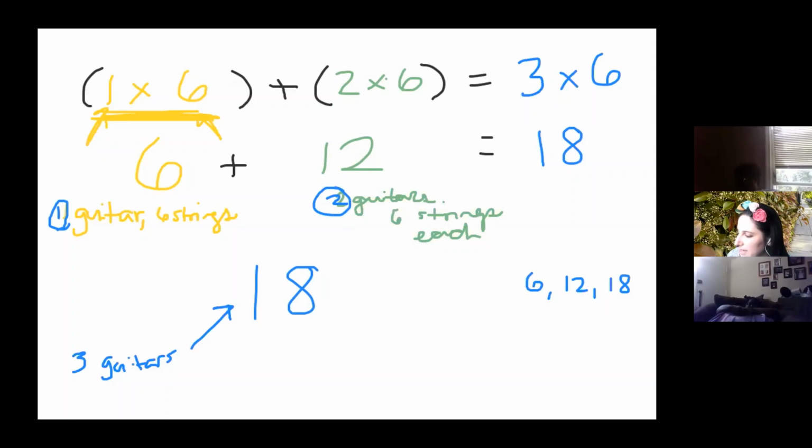Instead of 3 groups of 6, that is the same as 1 group of 6 plus 2 more groups of 6. Altogether, 3 groups of 6. The fact that we can break up this 3, the number of groups, into 1 group and 2 groups, or 2 groups and 1 group, is at the heart of the distributive property.